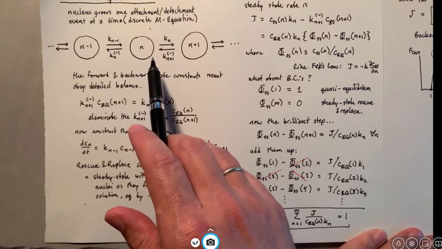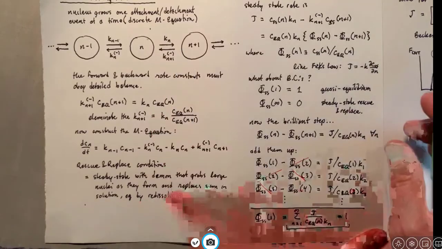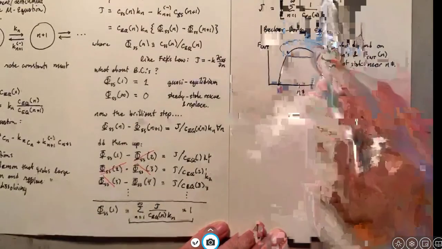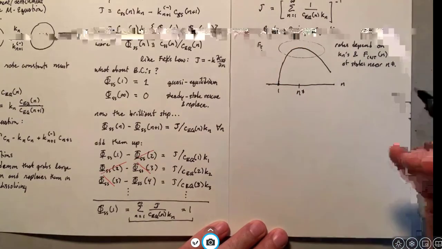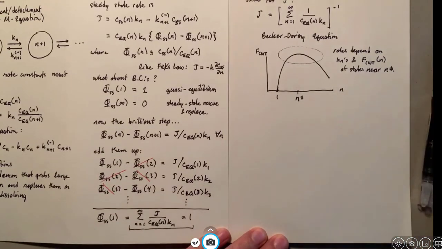And when you do that, you get an extremely simple version of this rate expression. This Becker-Doring equation becomes something much more practical for making predictions about trends in nucleation rates. And that's it.